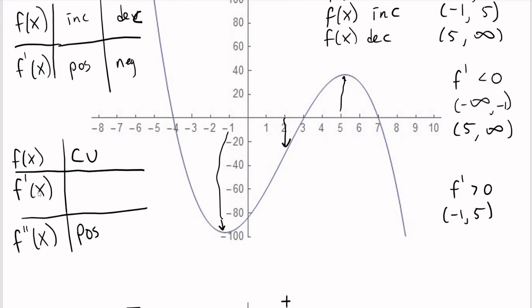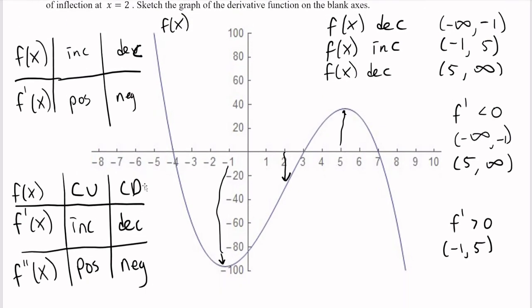So if the rate of change of this function is positive, that means this has to be increasing. What about this one? Concave down. Well, that's this being negative, which means, remember, a negative value derivative means I'm decreasing.